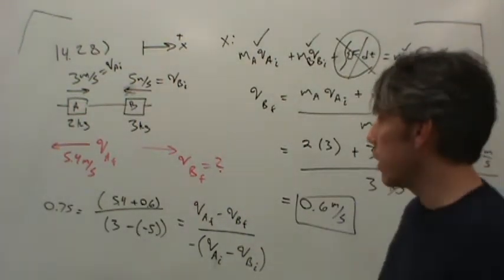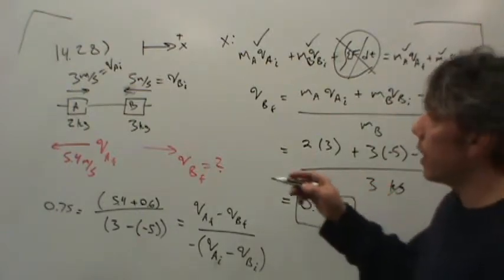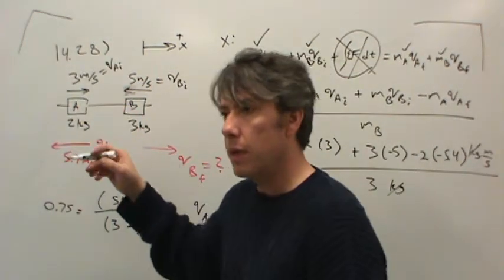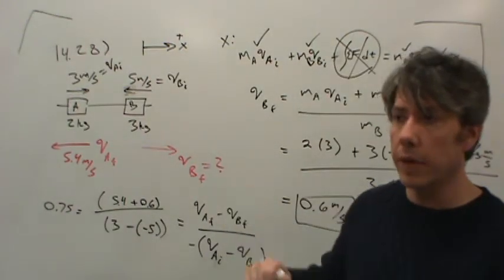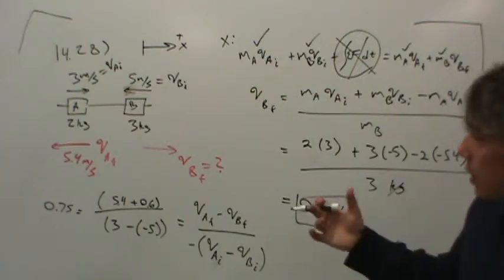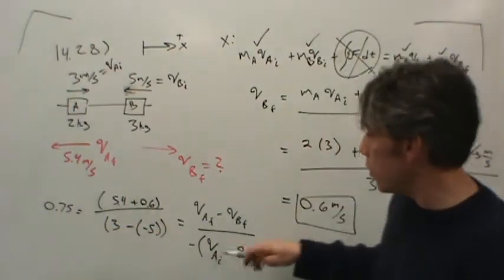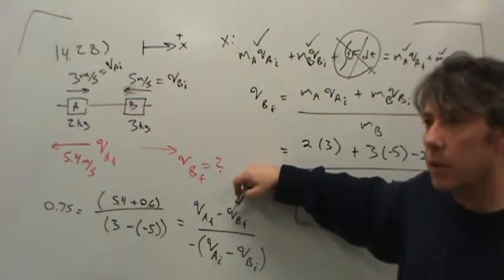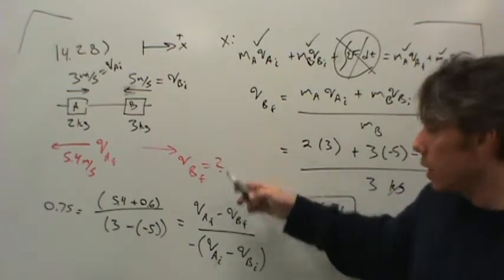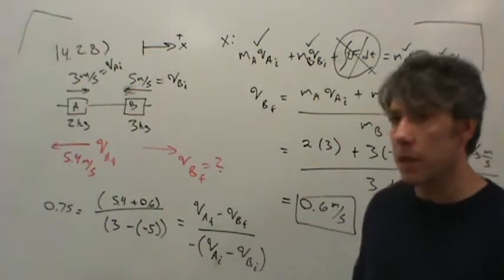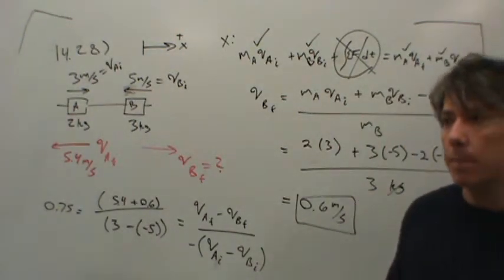So the key takeaways are that when you've got a system of two bodies moving, you can sometimes take both of them as a system, and then the internal forces you can just throw away, they won't matter, because their impulses will cancel. And the other takeaway is that the coefficient of restitution is just the ratio of final relative velocity. Notice how the difference between these two is the relative velocity divided by the initial relative velocity. But you've got to put this negative sign on there to get a positive number.